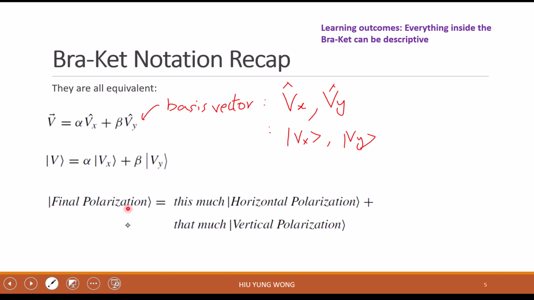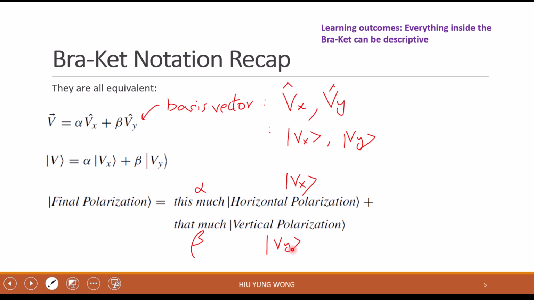The polarization of the vector is this much of horizontal polarization. What is the meaning of this much? Maybe alpha, if you want to give a number. And horizontal polarization, maybe I'm referring to Vx, times that much of vertical polarization. So these notations are all equivalent.